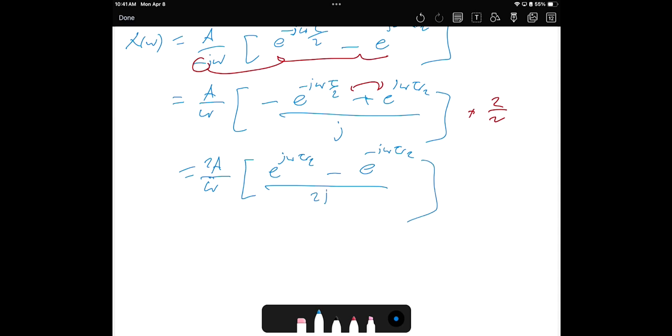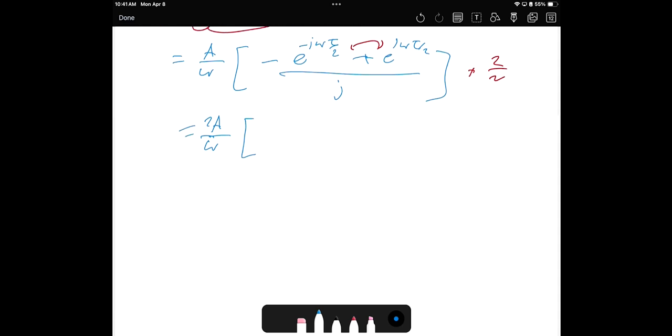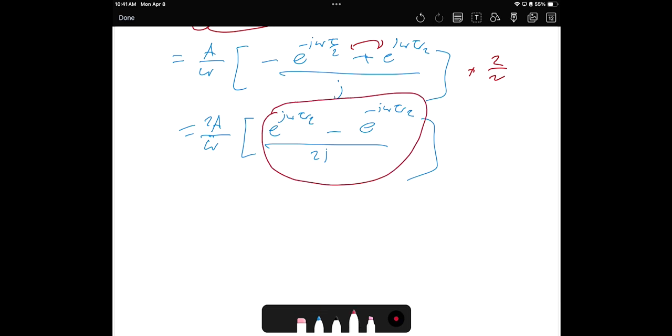Then this is actually equivalent to what? This is equivalent to sine, because sine theta equals e to the power j theta minus e to the power negative j theta, divided by 2j.